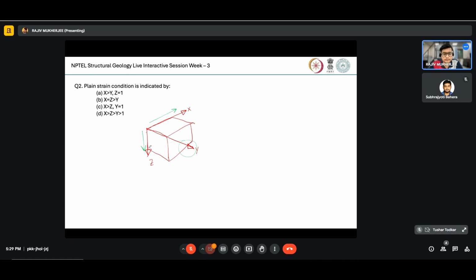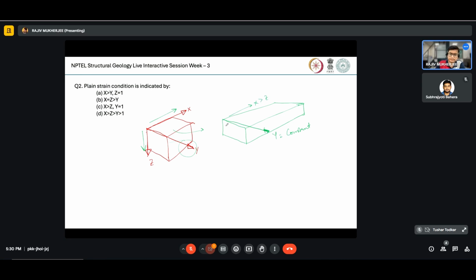So the deformation shape would look like this. Y will remain constant, x will be greater than z.